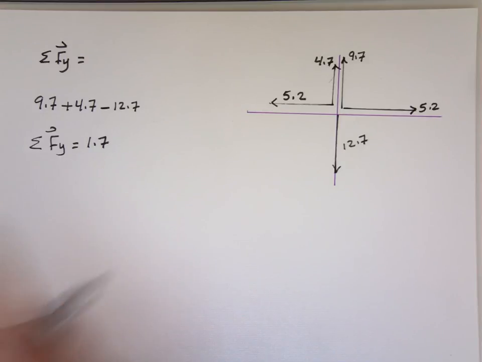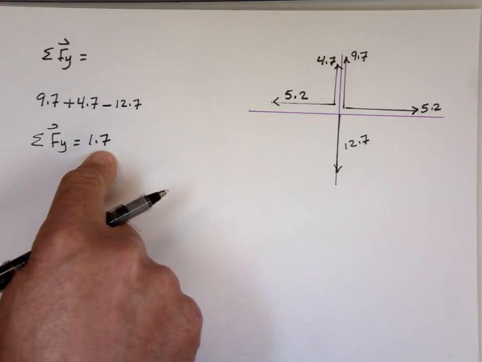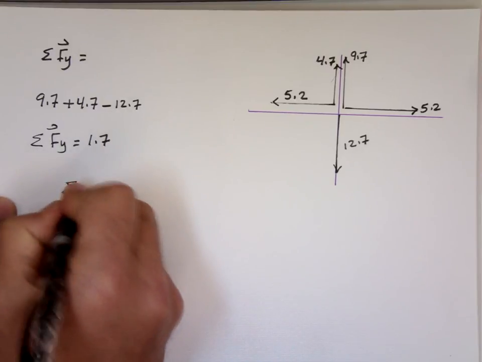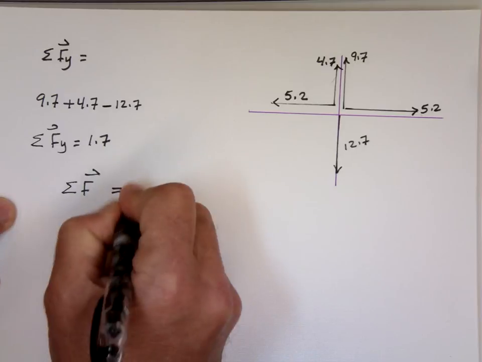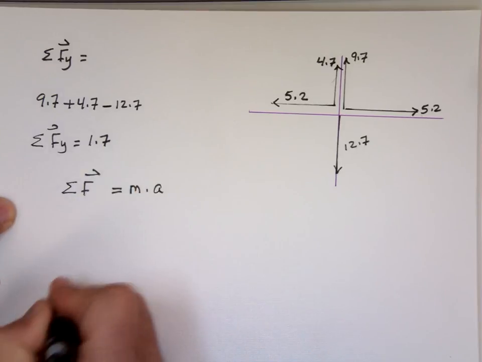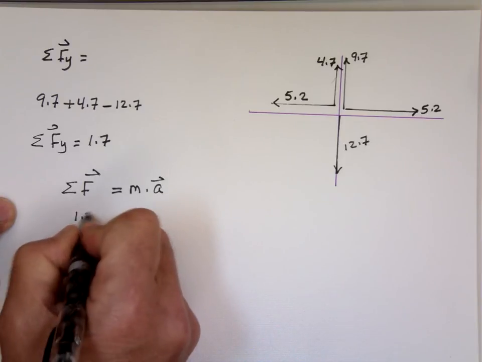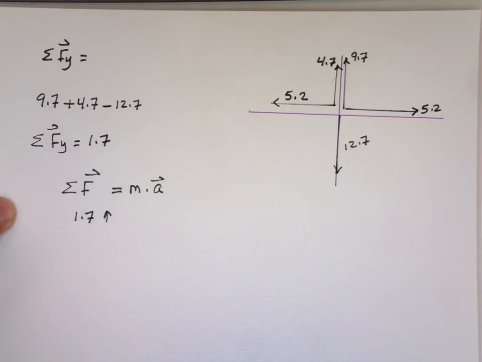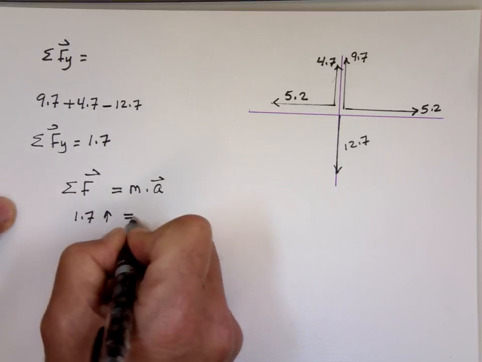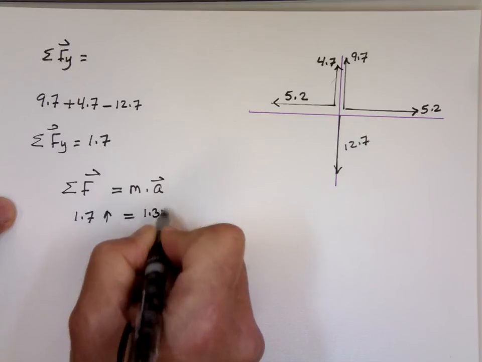Since that value is not zero, I can use what? Newton's second law. It says the net force, it doesn't matter what direction, is equal to the mass times the acceleration. The net force is 1.7 Newton up. That's what the net force is. We're pointing upward. It should equal the mass of that pail, which is 1.3, times the acceleration.